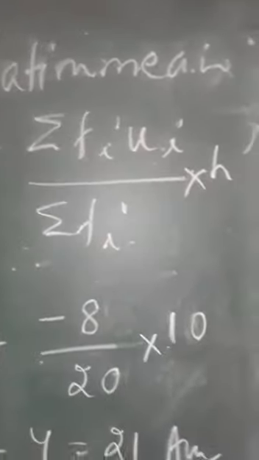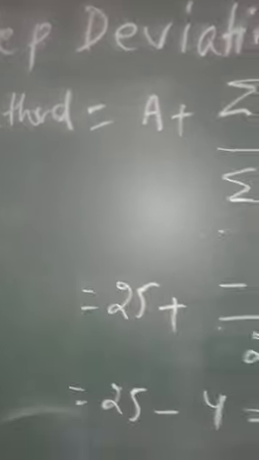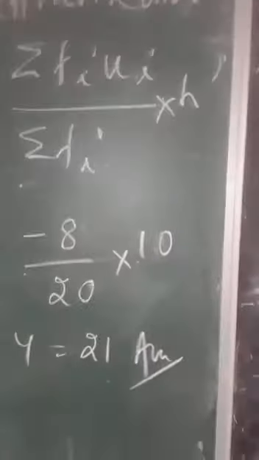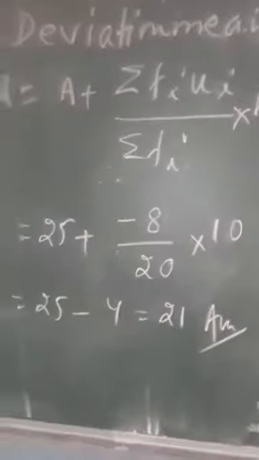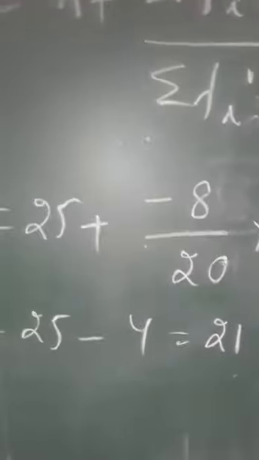Now we will use the formula: 25 plus -8 by 20 into 10, which is equal to 25 minus 4, that gives us the same value 21. So whichever the method you will use, the result will always remain same.